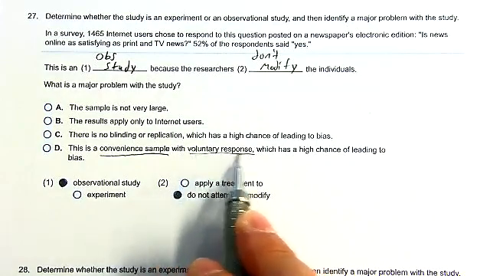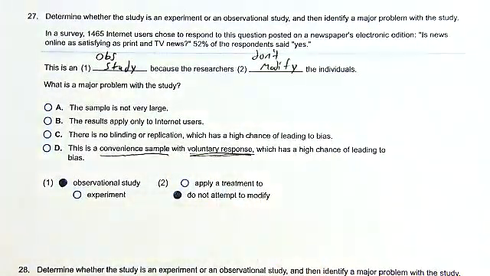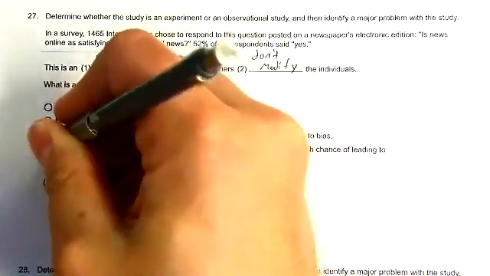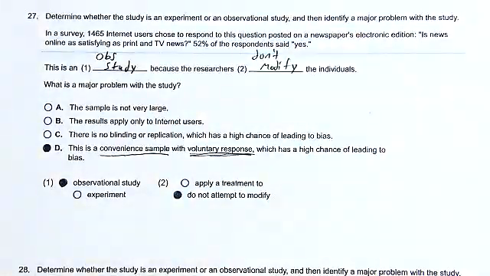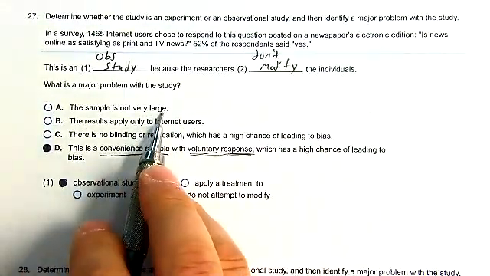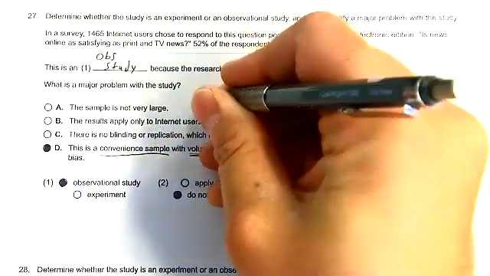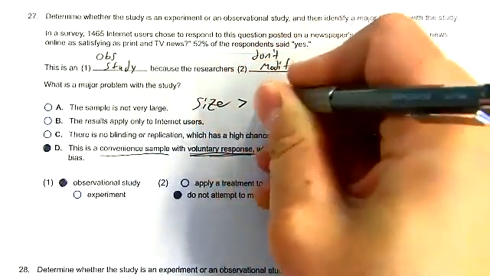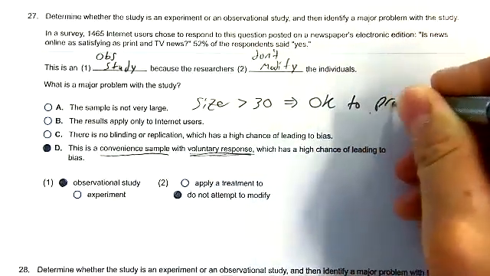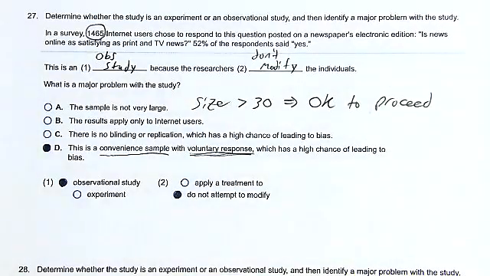It's voluntary response, which I've been trying to argue is the worst way to get opinions, which has a high chance of leading to bias. And that's wise because you get biased responses. Let's kind of look at these other ones though. The sample is not very large. So in this case, if our sample size, if the number of people is bigger than 30, we're going to say that's okay to proceed. And in this case, they talked to 1,400 people. That is plenty big.